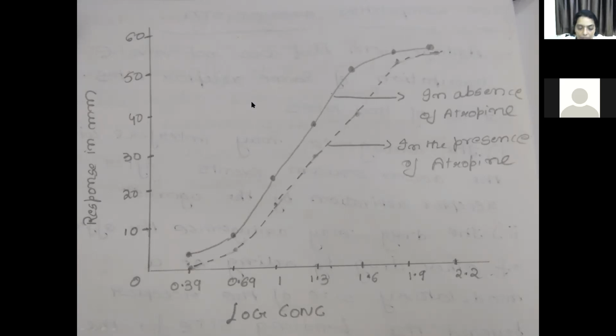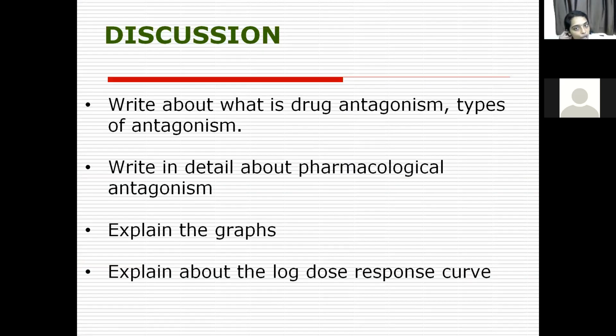Next comes your discussion. What all do you have to write? Till here, you can just copy down whatever is discussed till now. In the discussion part, you will go through the previous class and write about what drug antagonism is, what the types of drug antagonism are, and write in detail about pharmacological antagonism.